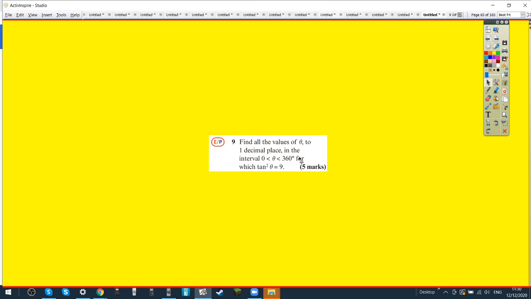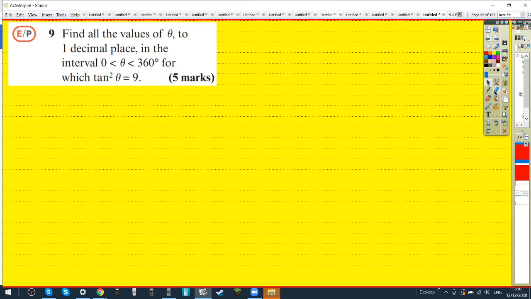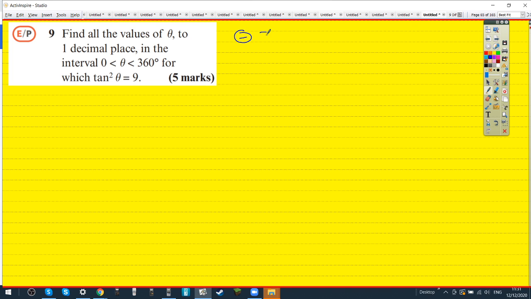Okay, let's try this one. I got 71.6. I did inverse tan answer, and I got 71.6 for theta.